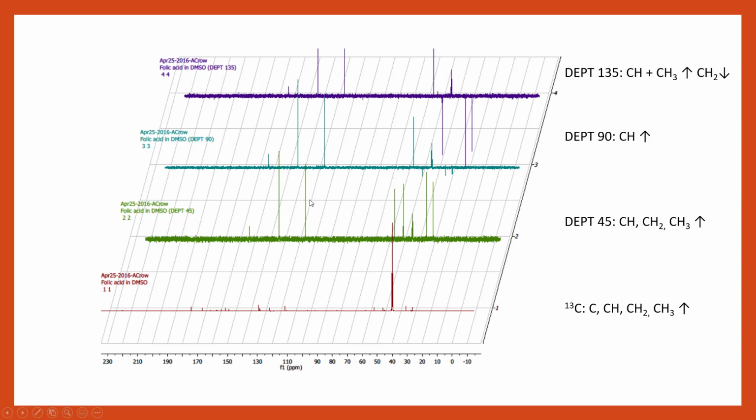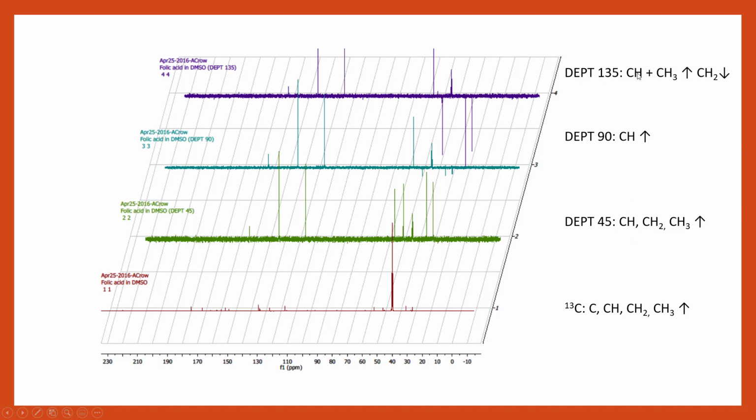And with our DEPTs, we'll find, as I said, with DEPT 45, we have CH, CH2s, and CH3s. So when we compare our DEPT 45 to our carbon-13, we can start to determine by process of elimination where our quaternary carbons are. When we run our DEPT 90, we confirm where our CHs are.